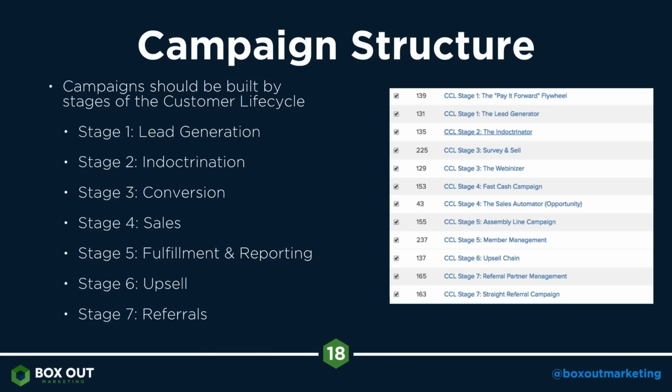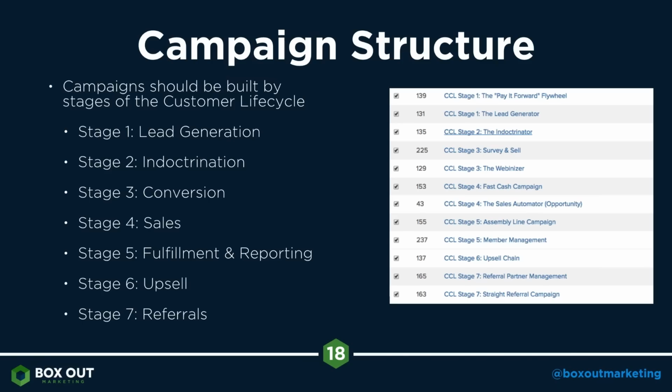Okay, and so when you go to your list of campaigns in your campaign builder, they should look like this. CCL, by the way, stands for complete customer lifecycle. You don't necessarily need to label them with CCL, but stage 1, stage 2, stage 3, then you know always. And now we have Infusionsoft campaign categories, so you can categorize them with these stages as well.